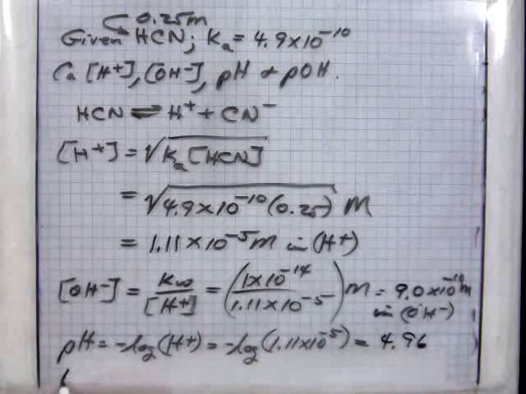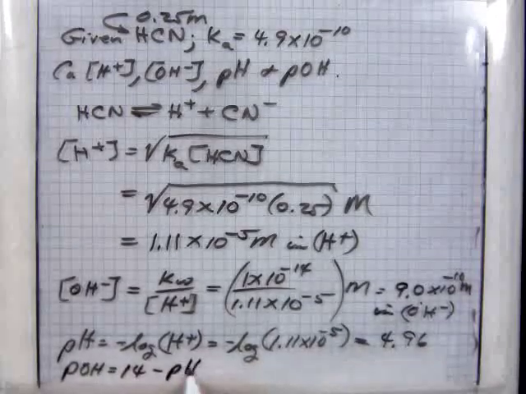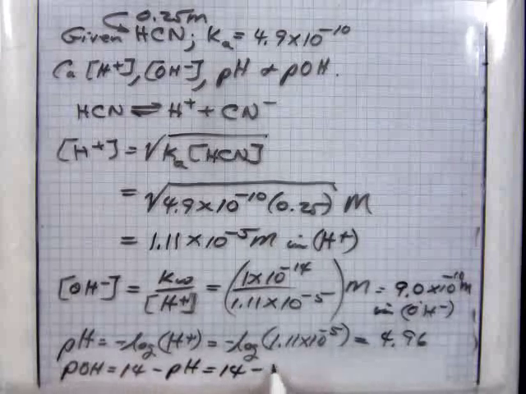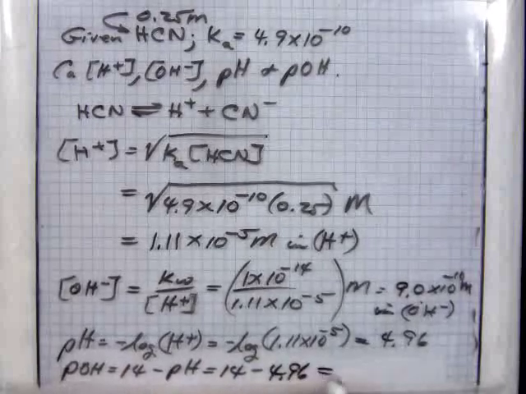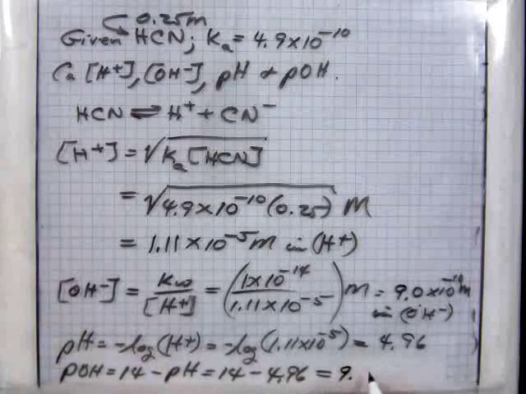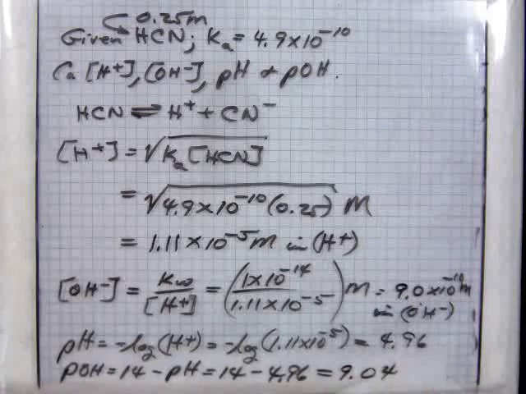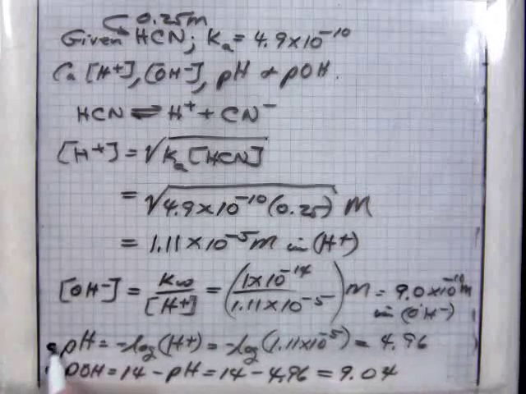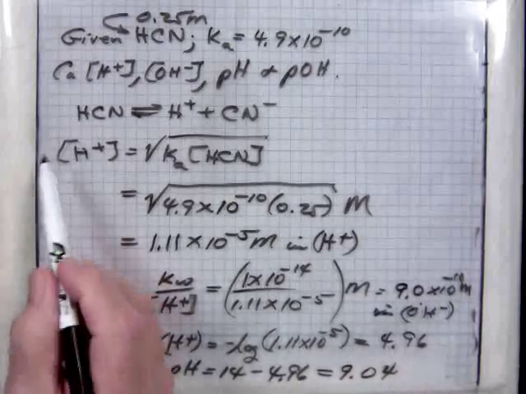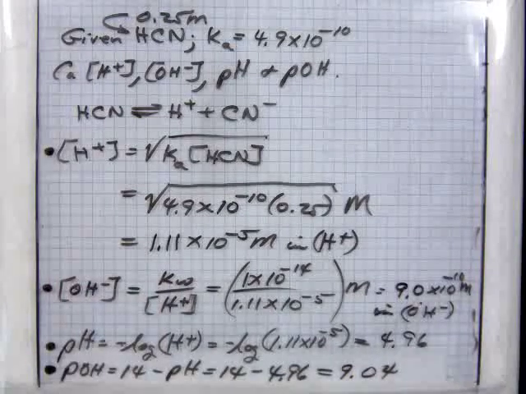And finally the pOH, 14 minus pH, 14 minus 4.96, is 9.05. Okay, so we've got all of the specific items that you would need in a weak acid calculation in this context.